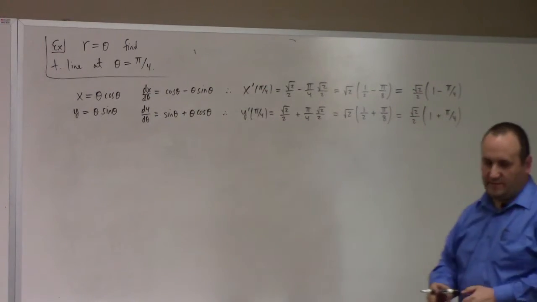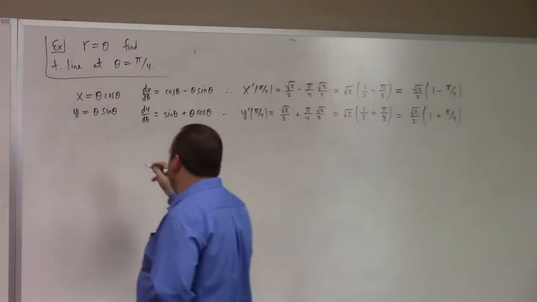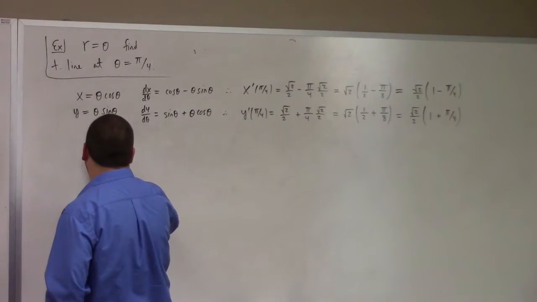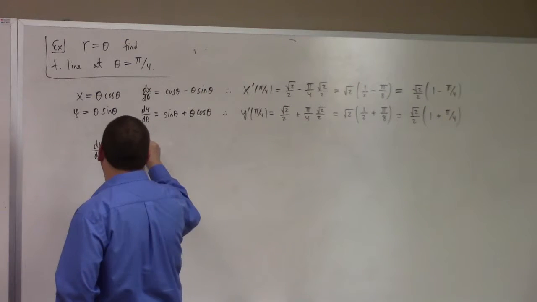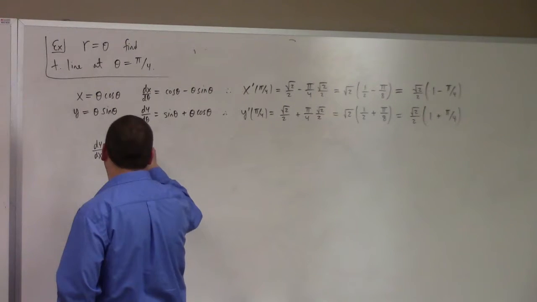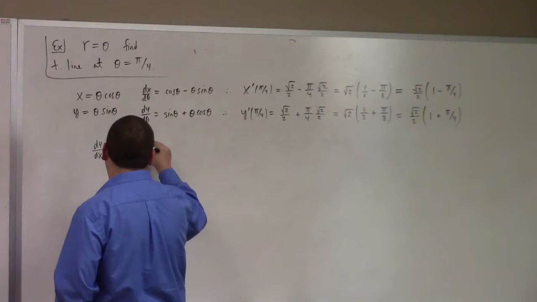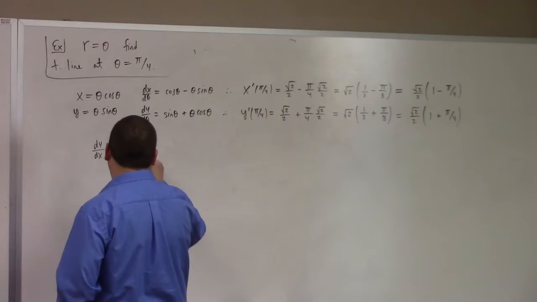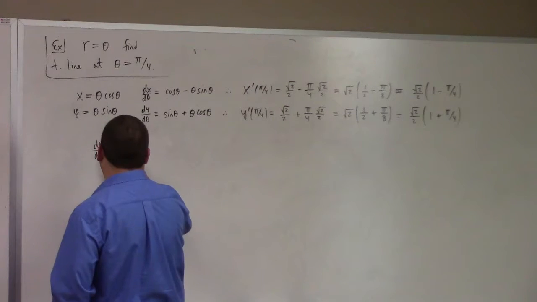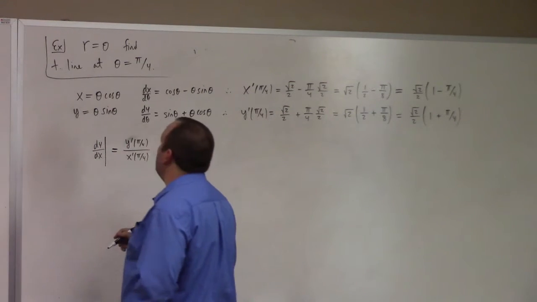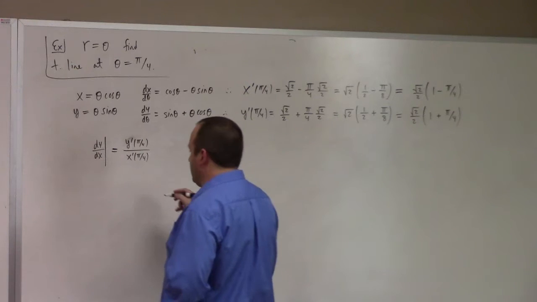Anyway, so what's my slope? dy dx is equal to y prime of pi over 4 over x prime of pi over 4. And this is dy dx at which point? At the point theta equals pi over 4, right?